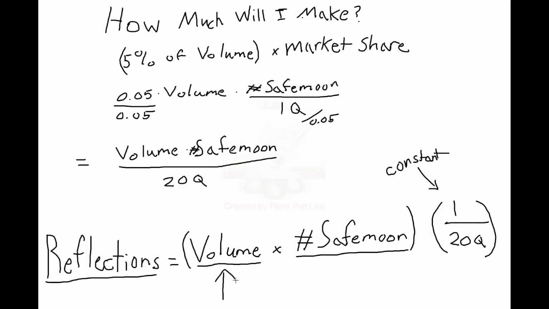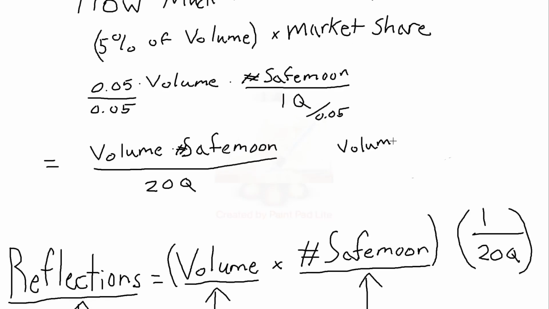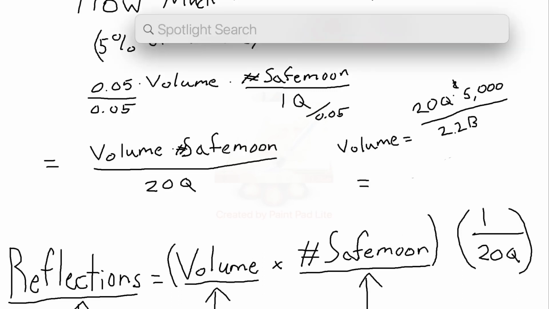It shows the direct linear relationship between reflections, volume, and Safemoon. If either volume or your Safemoon bag increases, reflections do too, linearly. To calculate, for instance, how much volume you need to make X dollars in reflections, just do some algebra. Isolate volume, substitute in however many dollars you want for reflections, and solve for volume.